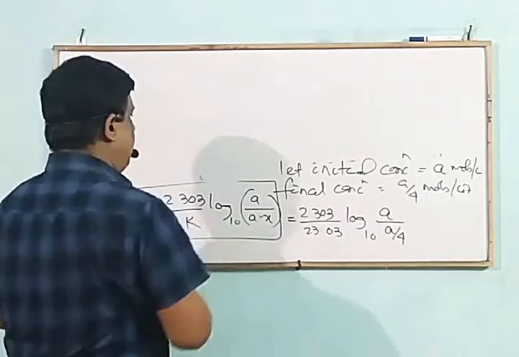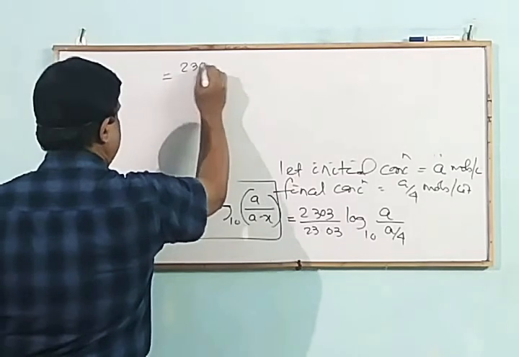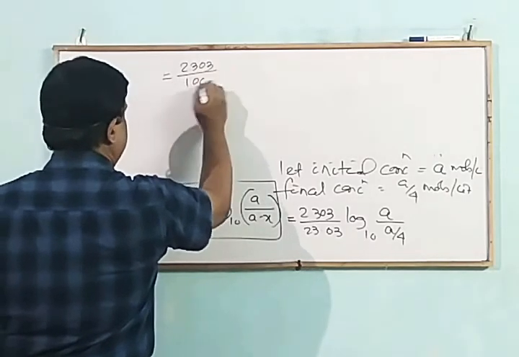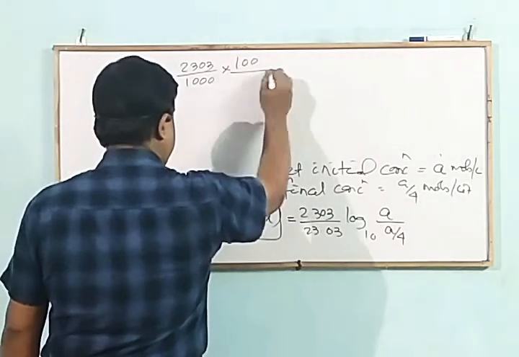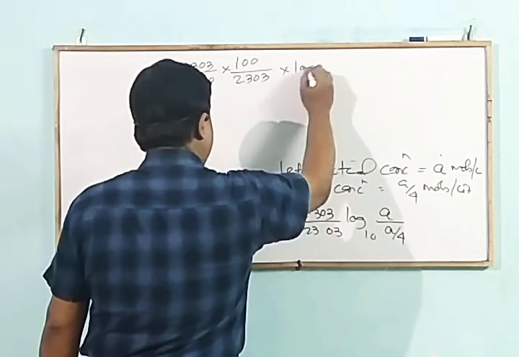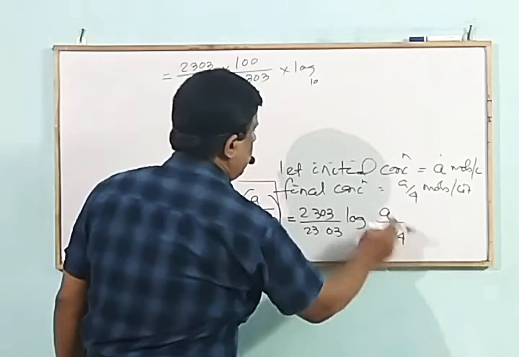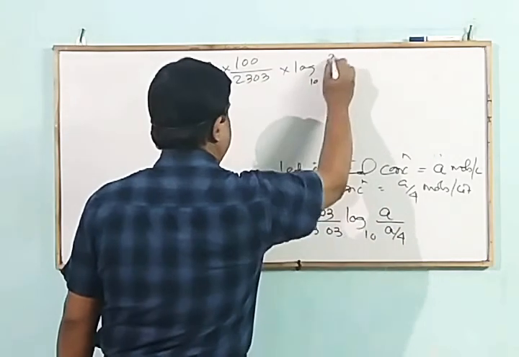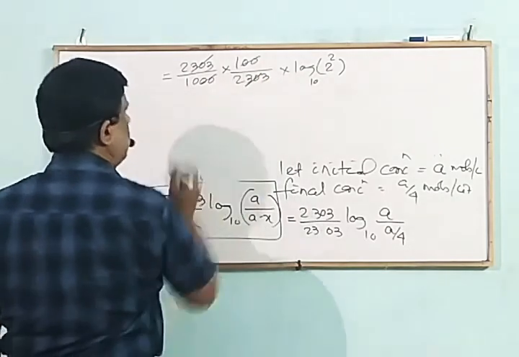Mark that. This is equivalent to 2.303 by 23.03 into log base 10. A by 4 means 4 by A. A cancels, 4 means 2 to the power 2.